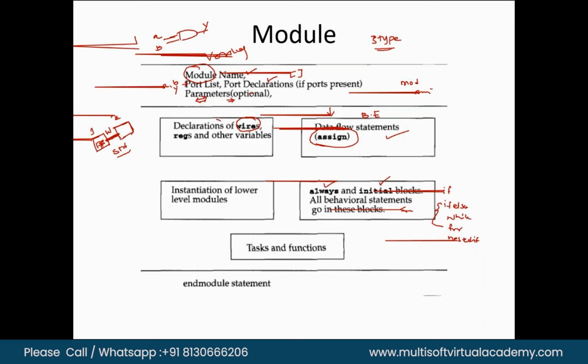So if you find an always statement, then it is your behavioral modeling program. And if you find lower level instantiation like port map, then it is your structural modeling. Or if you find the connection of your lower module, or if you are calling some subprograms in your main module, then definitely it is your structural modeling.